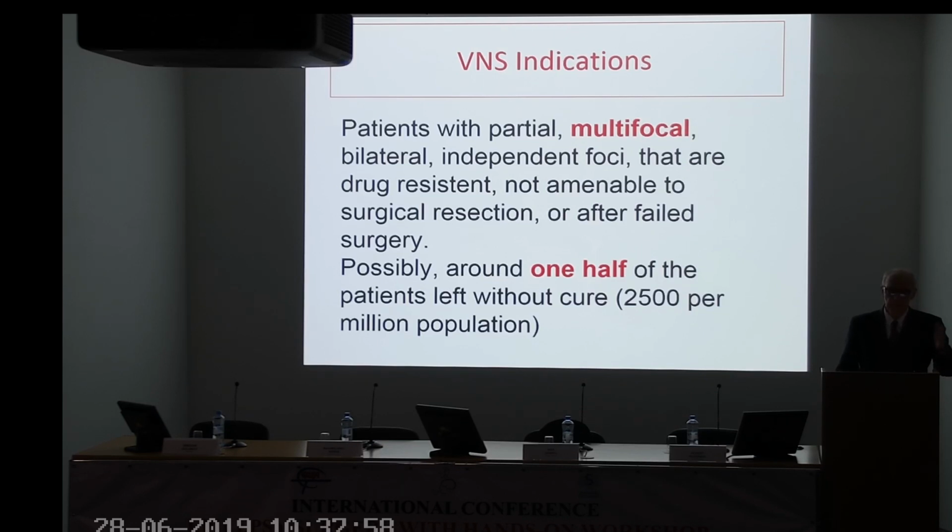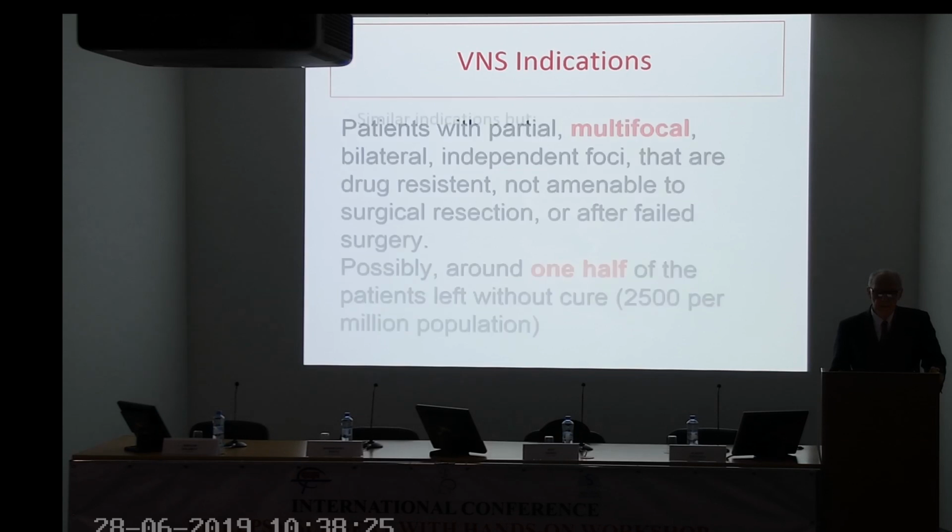You remove the drug responders. You remove the other people who can have an effect from resective surgery, and you are left with 5,000. 5,000, one half of them, more or less 2,500 per million population, are the possible drug-resistant epilepsy that could have a good effect after VNS indication.